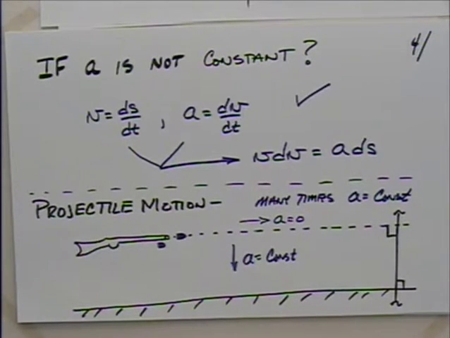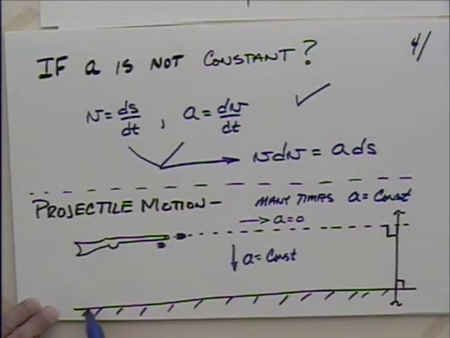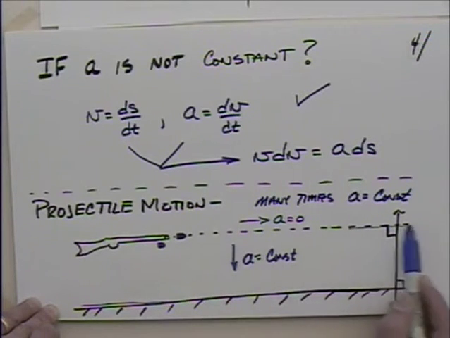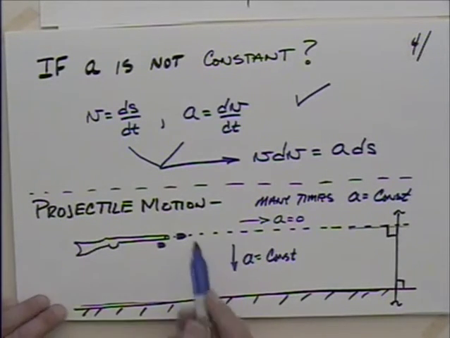And the question comes up is if the line of sight of our rifle is absolutely parallel to the ground. So maybe we go out to Utah and the Great Salt Flats. We've got this very flat surface down here, and we set up the line of sight of our rifle so that these two are absolutely parallel. They are perpendicular to a mutual line. And we fire this thing off.